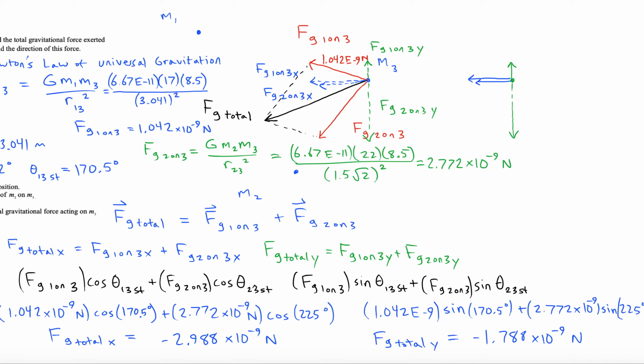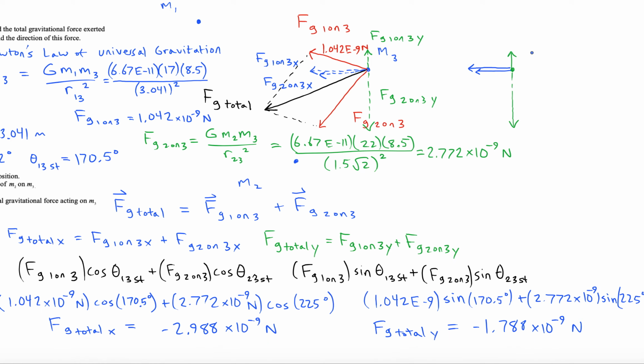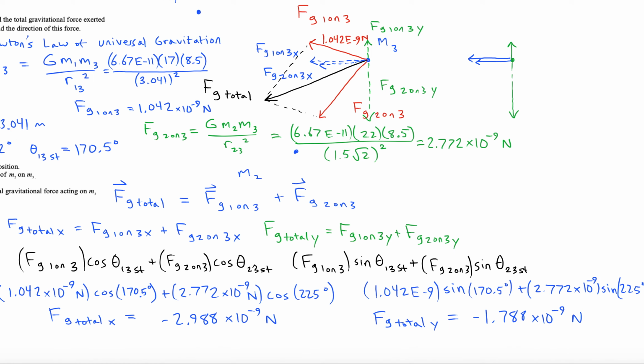All right, great. So our last task here is to just find the magnitude and the angle of the black resultant total vector. Let's do the square root of the squares of the components.